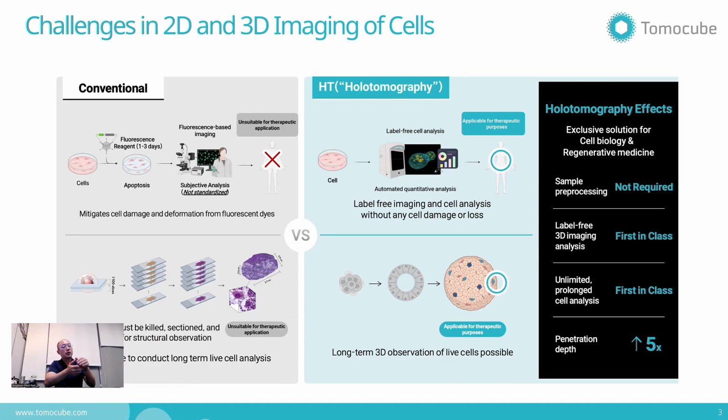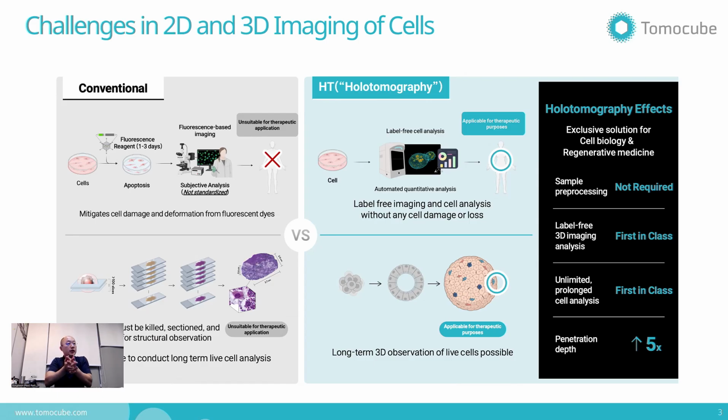And then they synthesize in order to get a three-dimensional volumetric representation. But due to the sample preparation and serial sectioning, the sample is sometimes distorted, and you cannot recover after those physical damages, in addition to the very long preparation time and the cost.